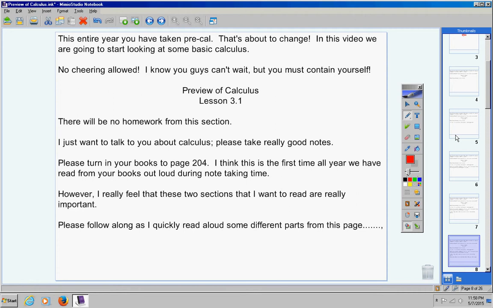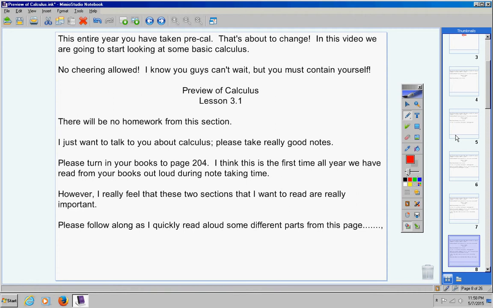Now, the next paragraph starts off with the words, "Although pre-calculus." I was going to skip that paragraph and jump down to the four bullets, but I'm going to read that whole second paragraph after all.